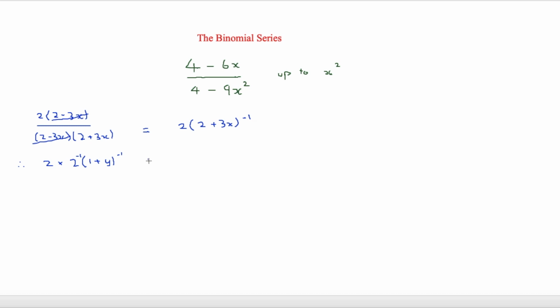Also remember the minus 1 here, because a 2 is also to the power of minus 1. Now, it's important you write this for the ending, but y is equal to 3 over 2 x. So therefore, we're going to add another step to make it 2 times by 1/2, 1 plus y to the minus 1.